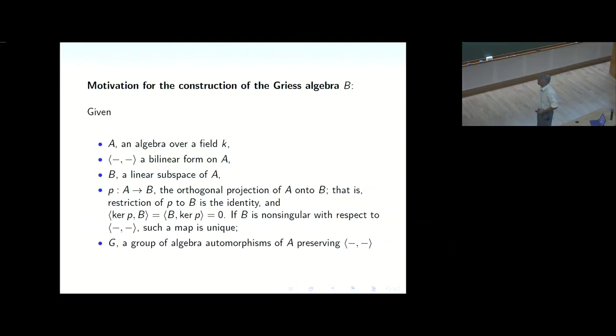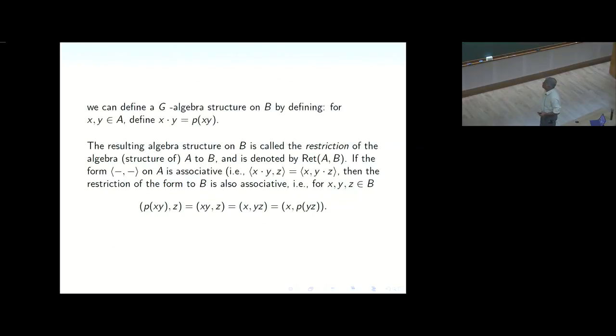If G is a group of automorphisms of A preserving this, we can define a G-algebra structure on B by defining x times y as the projection into B of the product of x and y in A. This is called the restriction. This is the idea to start with.